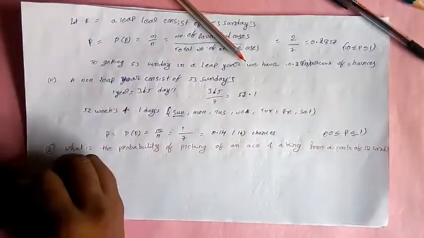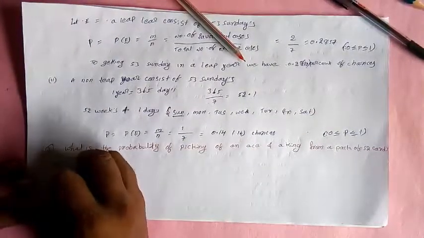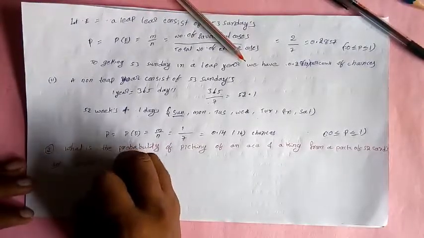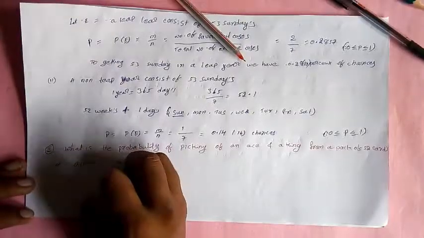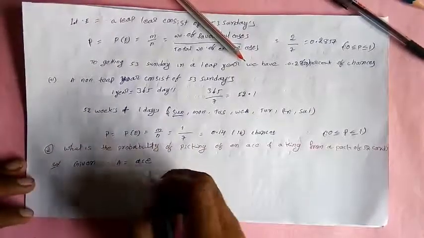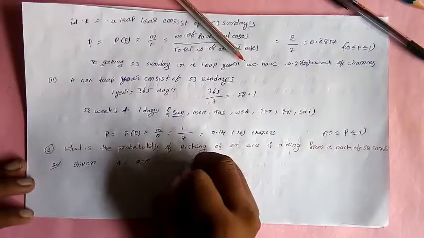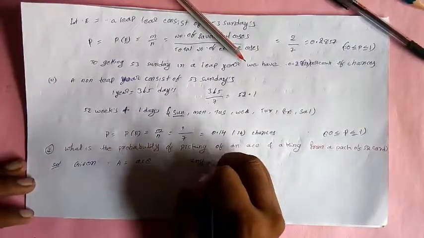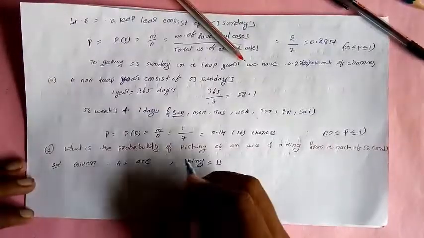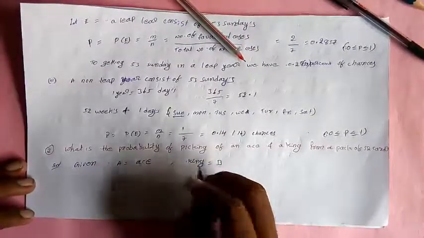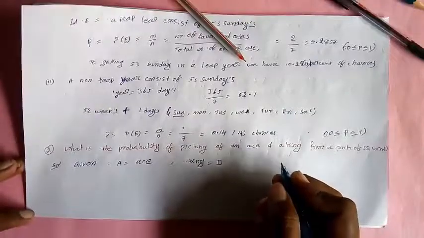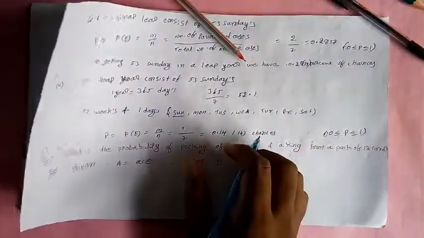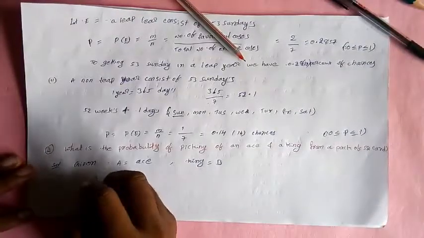That is the solution. Given: assume A is equal to ace and B is equal to king. A denotes the event of an ace and B denotes the event of a king.